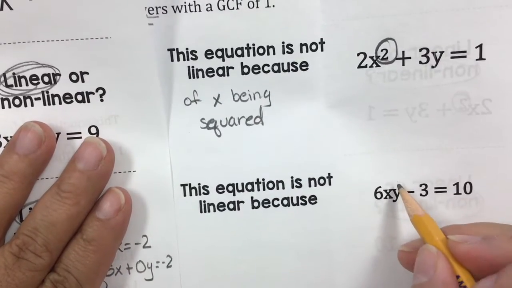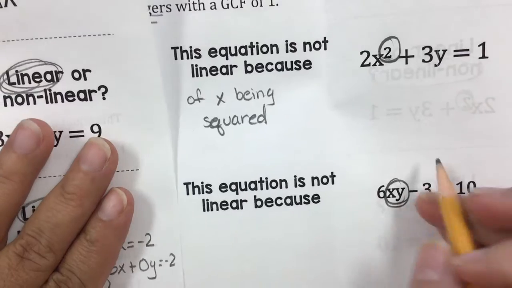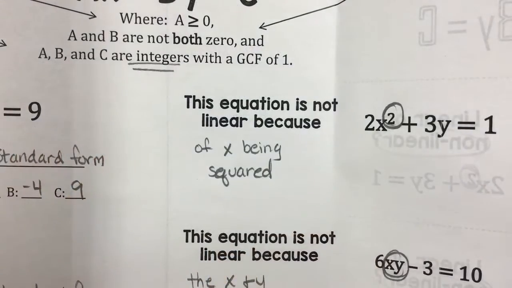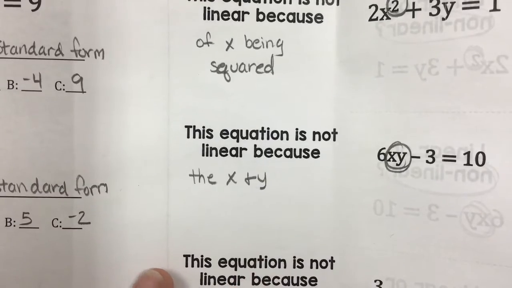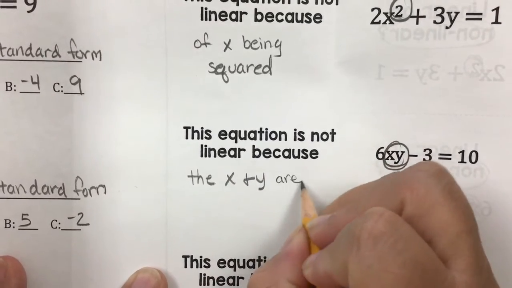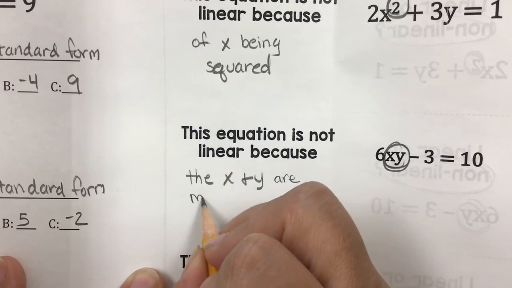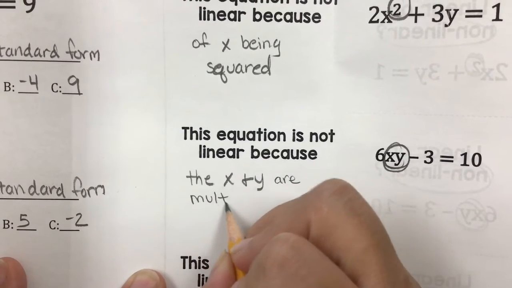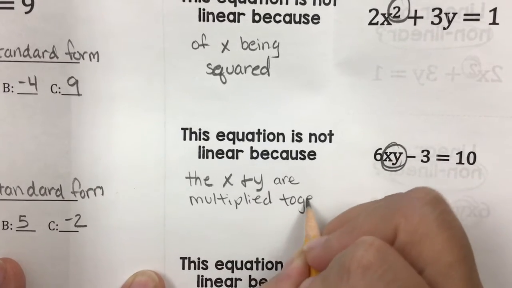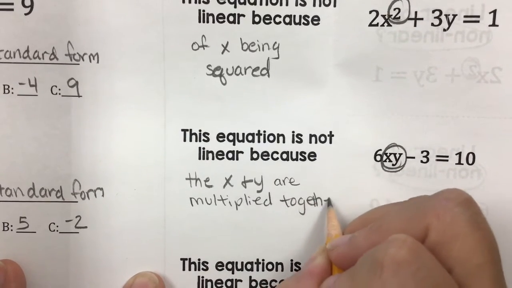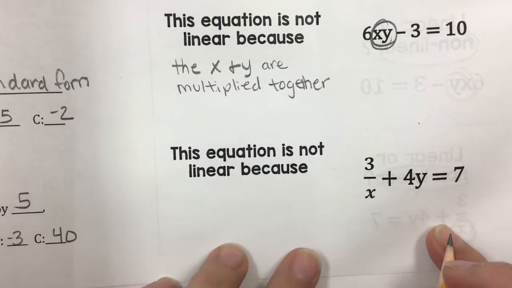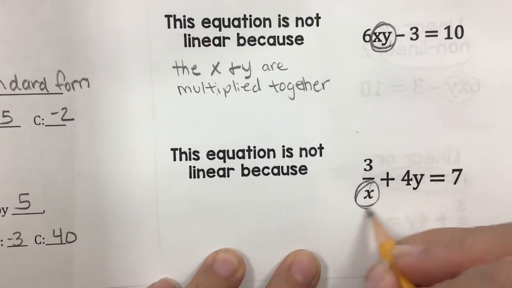This one was not linear because the x and y are being multiplied together. This equation is not linear because of the division of the x.